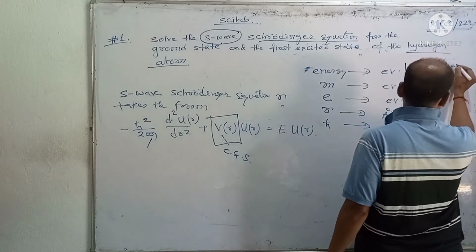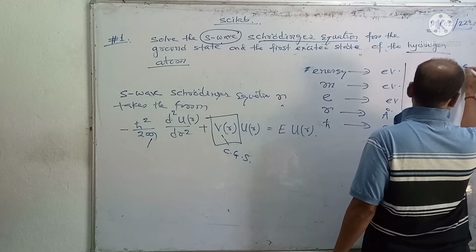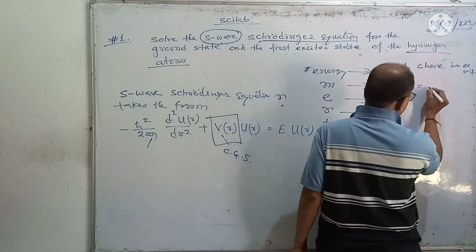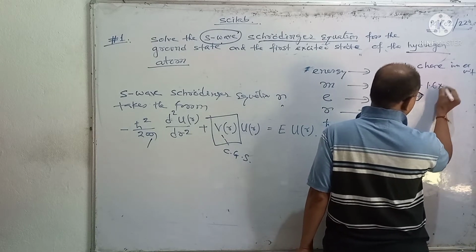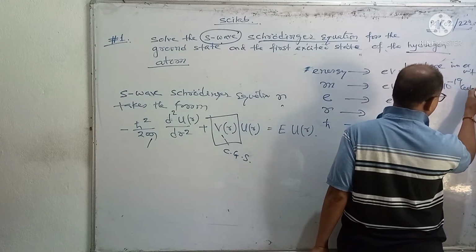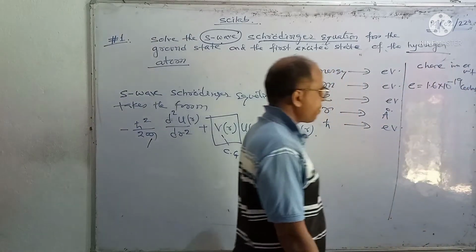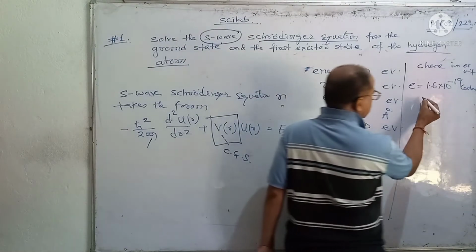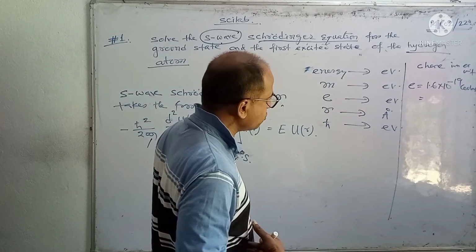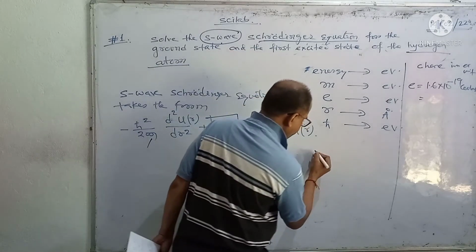Convert charge in electron volt unit. E is equal to 1.6 into 10 to the power minus 19 coulomb. Okay. Therefore, second is the charge unit. What will be the charge unit?